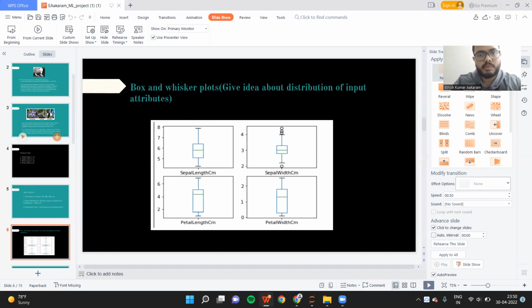Coming to the sepal width, we have some outliers. We see a lot of dots outside the range, so these can cause some errors, and because of these outliers, it's really difficult to differentiate the versicolor and the virginica, along with the petal length and the petal width.